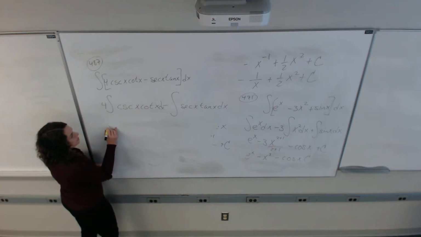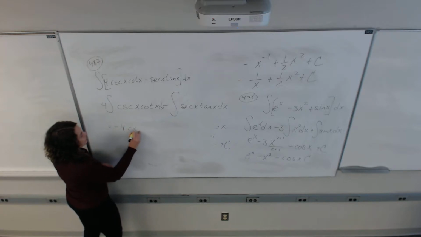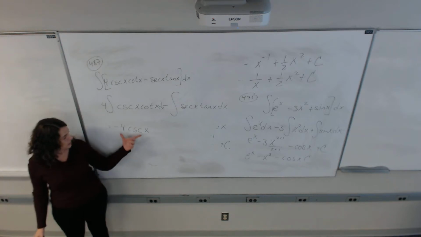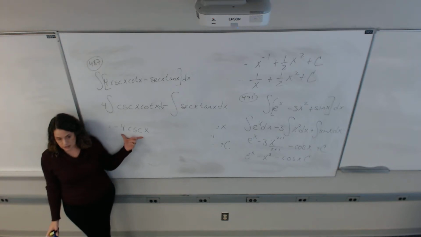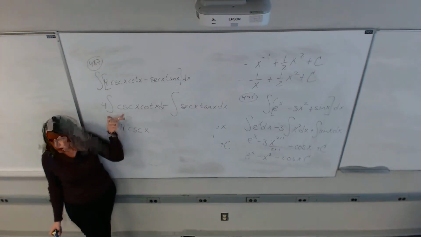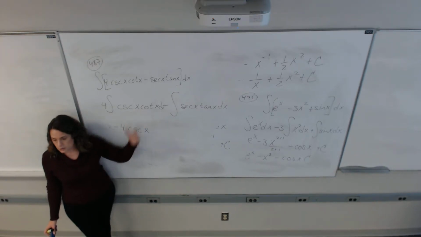So this would give me a -4 cosecant of x. Wouldn't it be squared? No. What is the derivative of -4 cosecant x? 4 cosecant cotangent. Because the derivative of cosecant is negative, that would give me a double negative, which would make it positive, and I'd have cosecant cotangent.